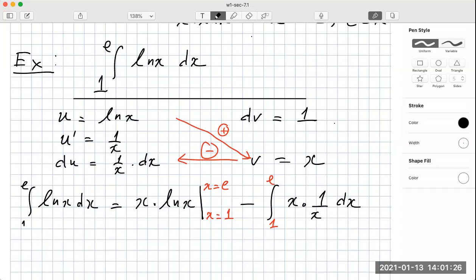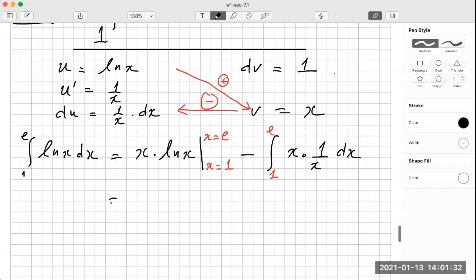Very good. Okay, right. So let us rewrite the first terms. And the second one, the same story. It will be integral of 1, which will give us x, right?